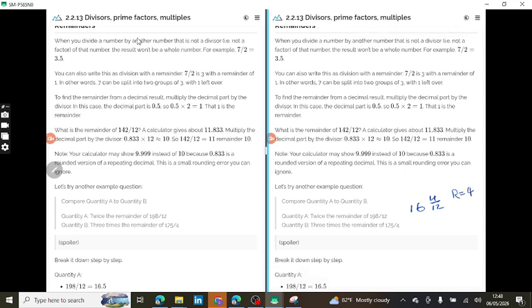The other one is twice the remainder. So the remainder is 4 and 2r equals 8. Let's do the other one.